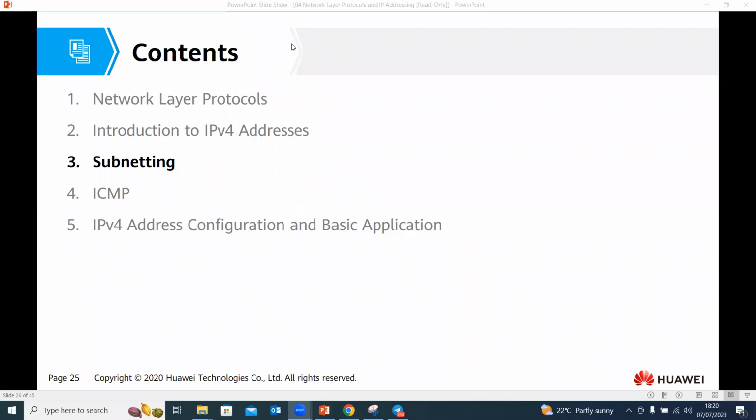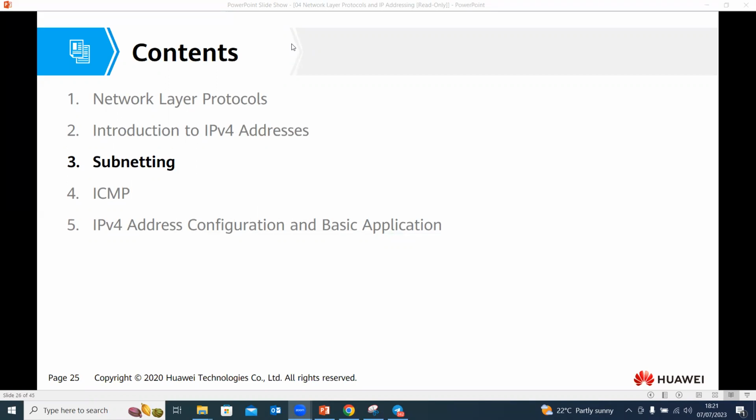So let me keep discussing. I told you subnetting helps us to create small networks within a bigger network. In one network you have what you call a broadcast. Whenever you send information and want to reach a particular person in that network, we first flood the packet to find out the physical address of that receiver.